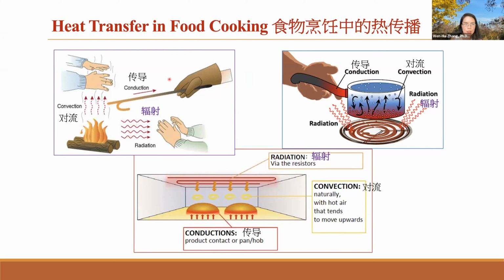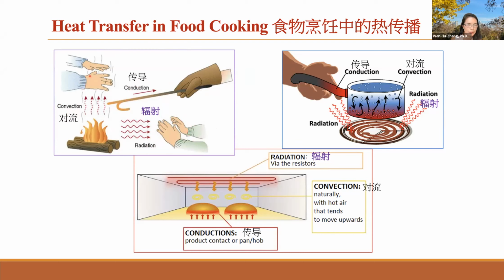So for heat transfer in food cooking, conduction is what we feel from a hot handle. Convection is when we feel hot air, and radiation you can feel from far away, like from the fire or from the sun.